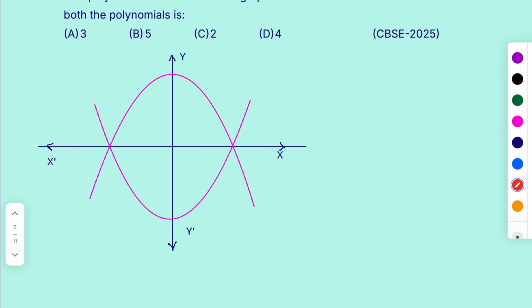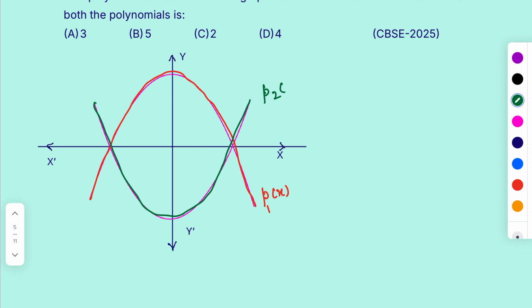Similarly, here two polynomials are shown in the graph below, and we need the number of distinct zeros of both the polynomials. There are actually two graphs, two polynomials here. One is shown in this graph. Suppose let this be p1(x), and another one is this one.